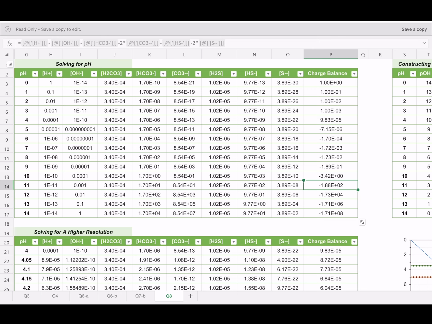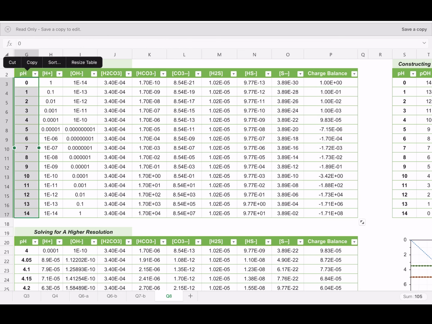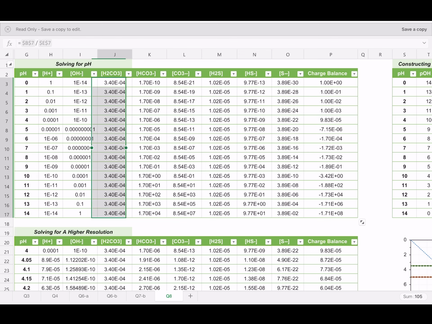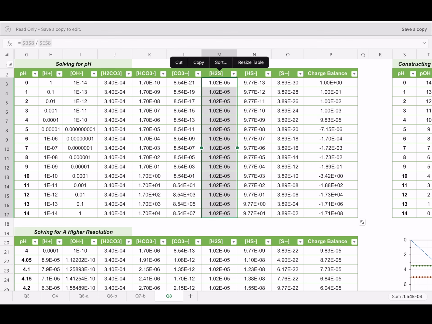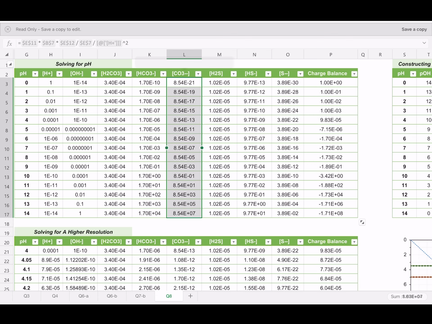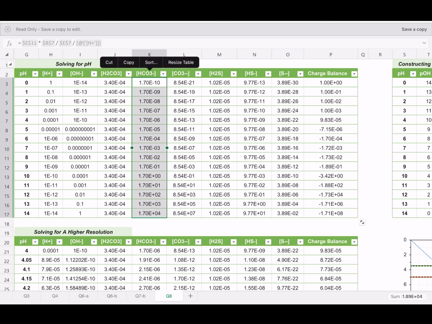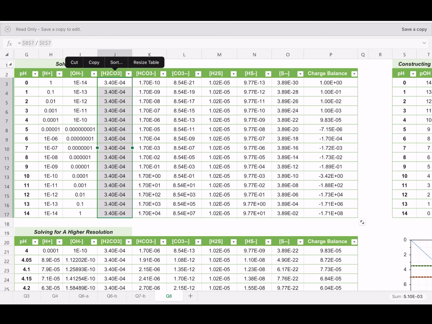So we have always the swing of pH going from 0 to 14. And now this part was calculated based on the partial pressure and the Henry's constant, the same as this guy. But now these two species are calculated based on the equation that we just derived in the lecture. This is related to this one and the pH.